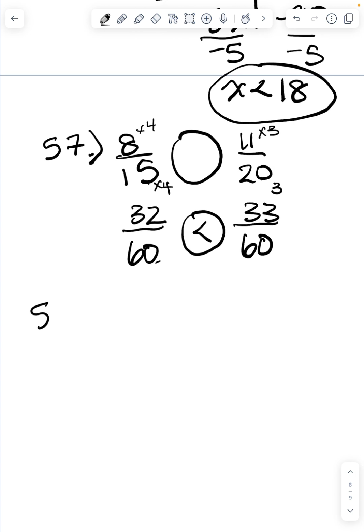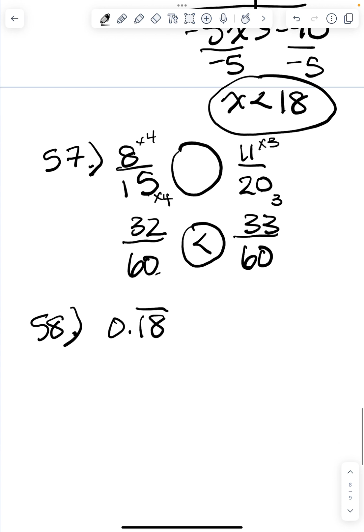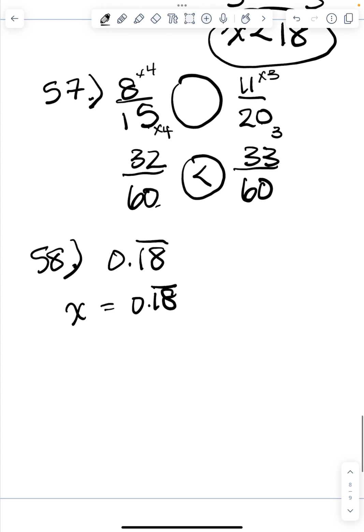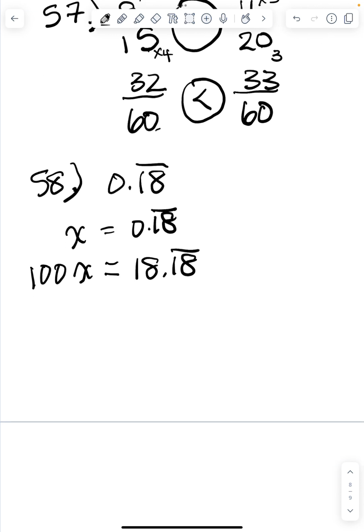Number 58. Convert 0.18 repeated to reduced rational form. Okay, so we're going to say let x equal our repeated decimal. Then we're going to multiply by 100 on both sides because the repeated decimal was 2 places, which gets us the 100.